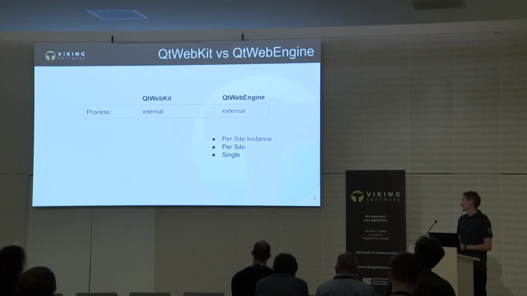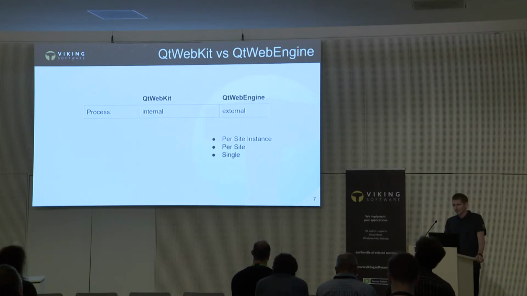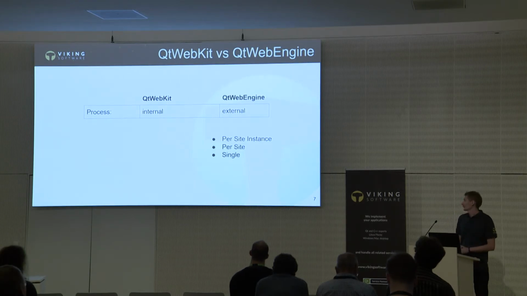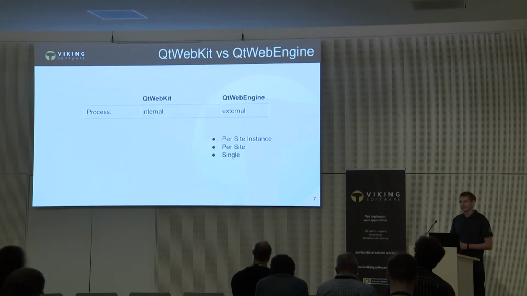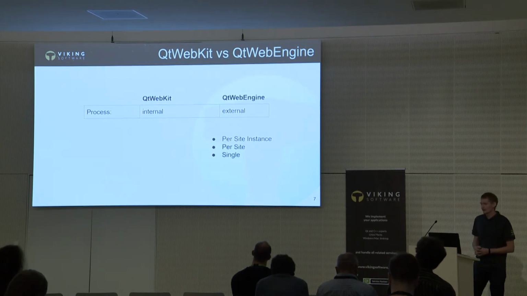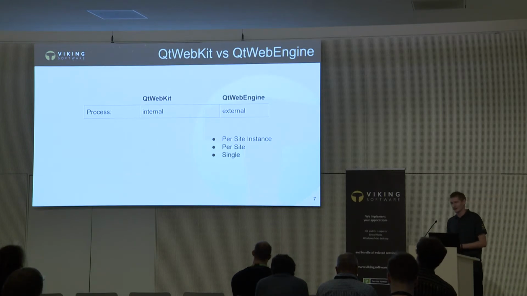That's not the case for WebEngine, because WebEngine uses the multi-process paradigm, and there are three types or modes of this multi-process. One of which, the single process, is intended to be used only for development or debugging, and the two others are just a kind of compromise between the amount of used resources and the application responsiveness.